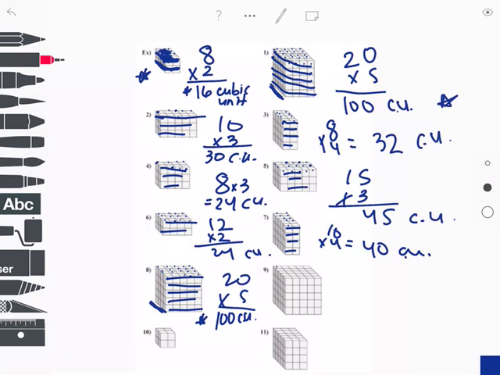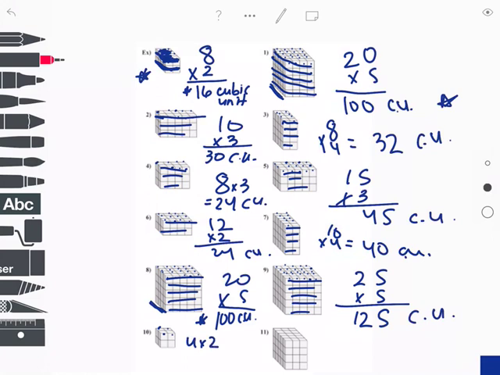For number 9, 1 through 25 on top. And there's 1, 2, 3, 4, 5. So we get 125 cubic units. For number 10, this one's easy. 1, 2, 3, 4.